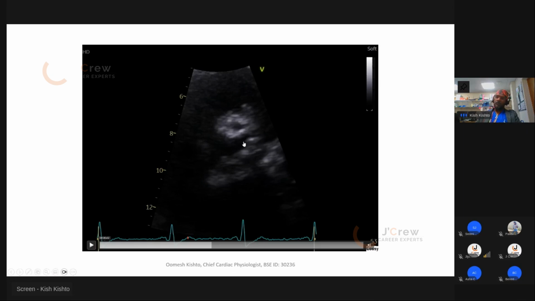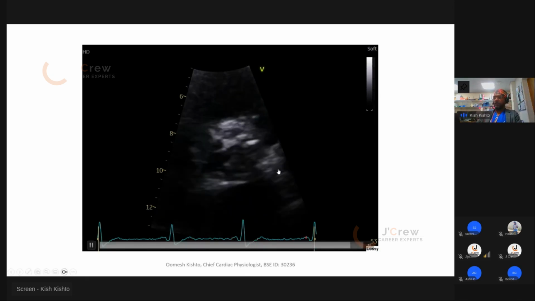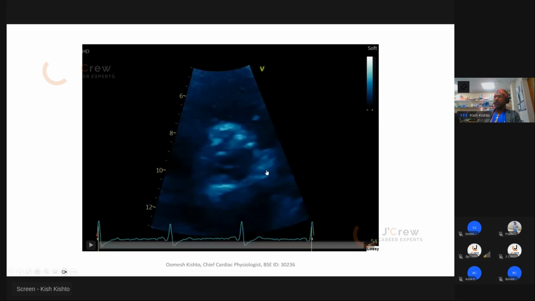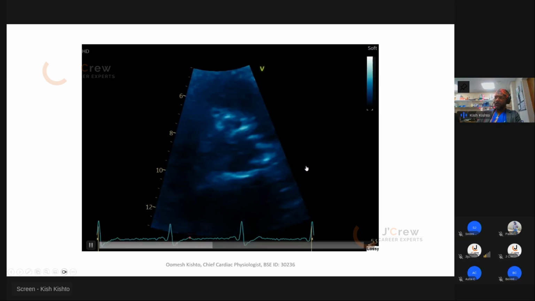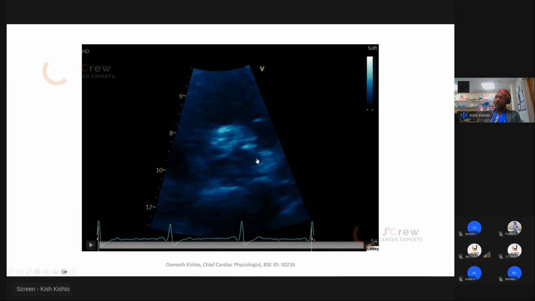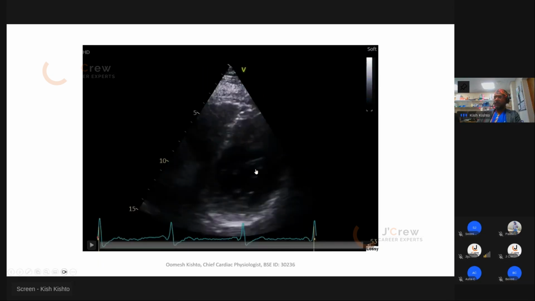Because it's so thickened and calcified, it's very difficult sometimes to determine the morphology. So I've changed the color a bit just to see, but here we go.